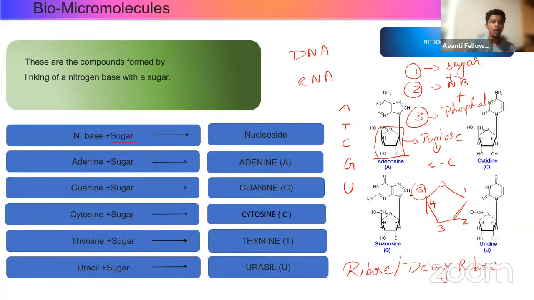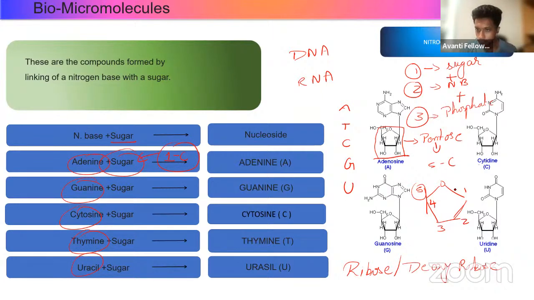All right, people. So now what happens for the formation of a nucleotide? Initially, your nitrogen base, which is adenine, guanine, cytosine, thymine, or uracil, combines with the sugar. At what carbon atom do they combine? They combine at the first carbon atom of your ribose or deoxyribose sugar.